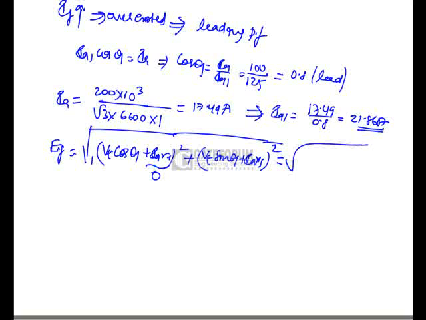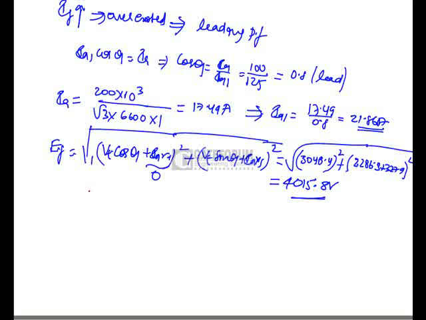You will get the square root of 3048.4 whole square plus (2286.3 plus 327.9) whole square. This value is equal to 4015.8 volts. This is the induced EMF we have.